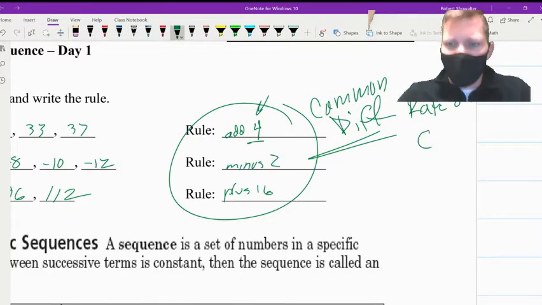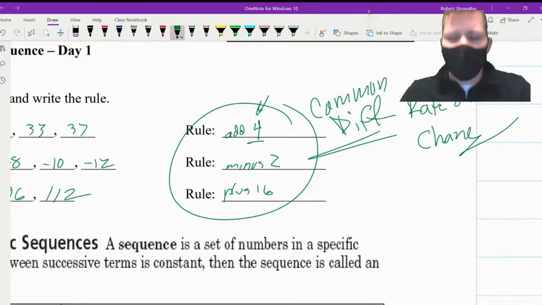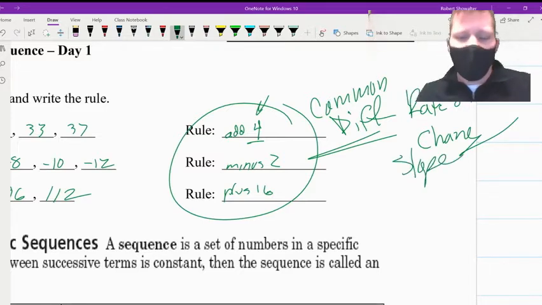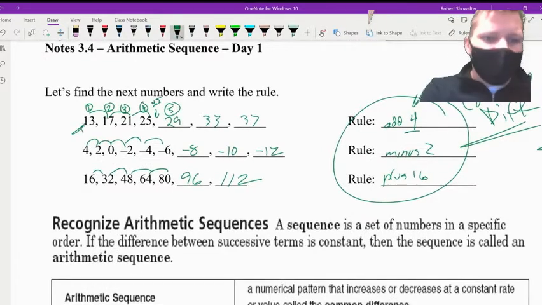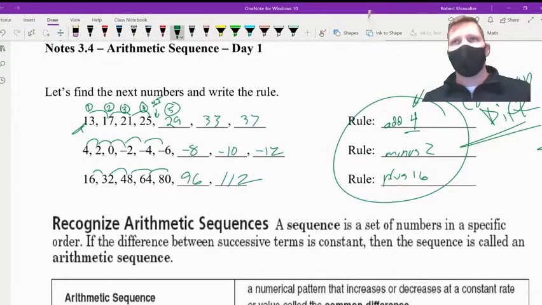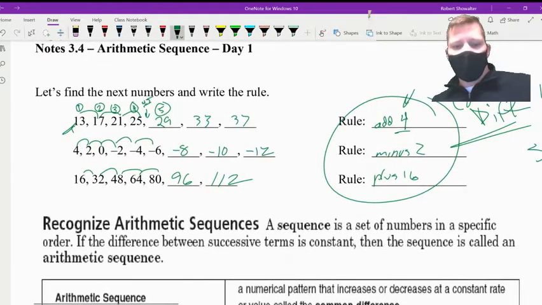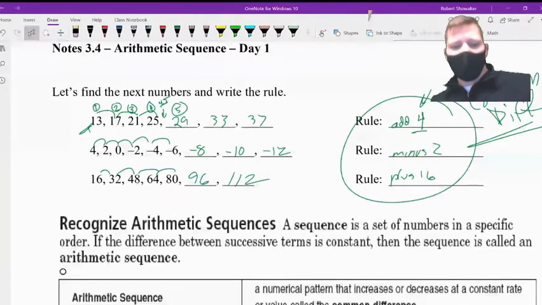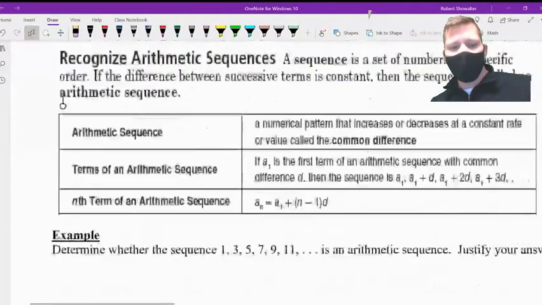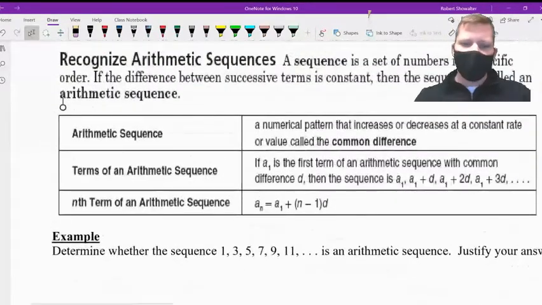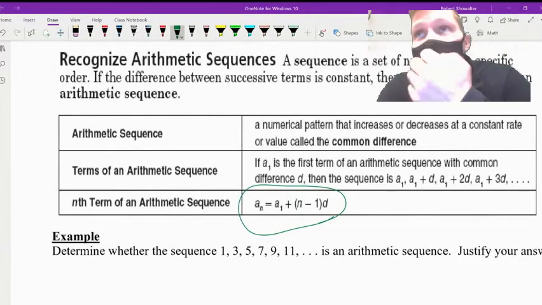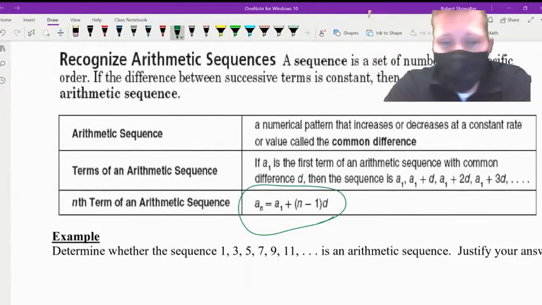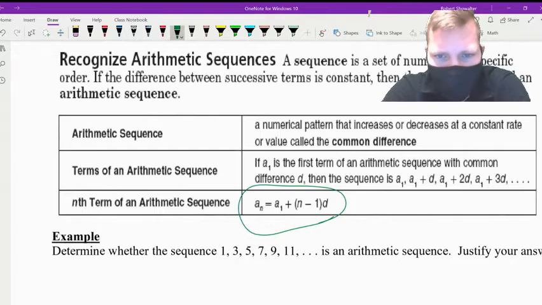That's going to be kind of like our slope. Then the first term is a significant piece. In addition, we have something called the closed form of the arithmetic sequence, which is the formula or the rule that allows us to generate all the terms in the sequence.